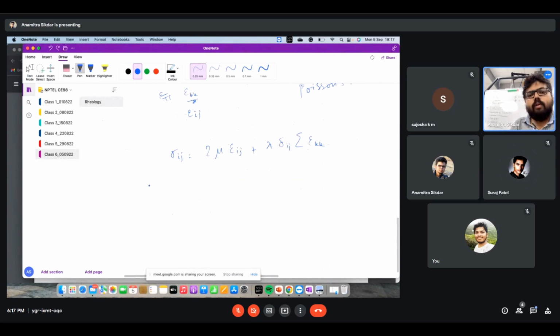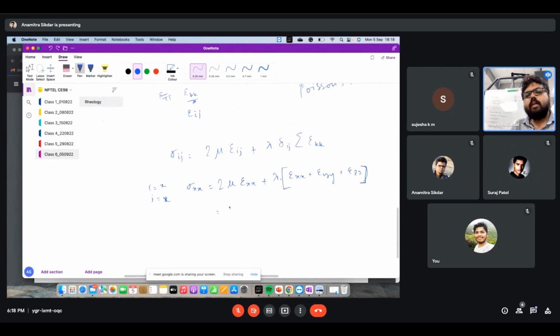So what happens when i becomes x and j becomes x? Then sigma xx is equal to 2 mu epsilon xx plus lambda, and this will be 1 for all the three cases, times epsilon xx plus epsilon yy plus epsilon zz, right?